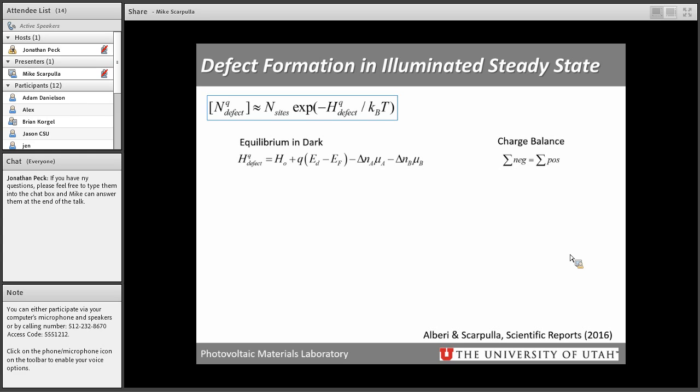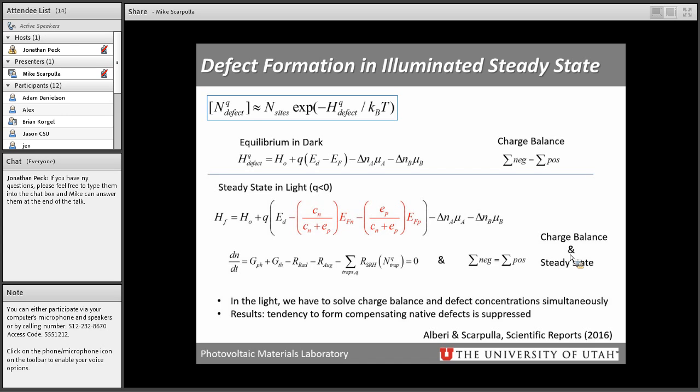The scientific question we took on in this paper in Scientific Reports was, what happens when you have steady state in the light? And it turns out nobody had ever done this before. We figured out that we could regard the electron and hole quasi-Fermi energies on the same footing as chemical potentials for atoms.